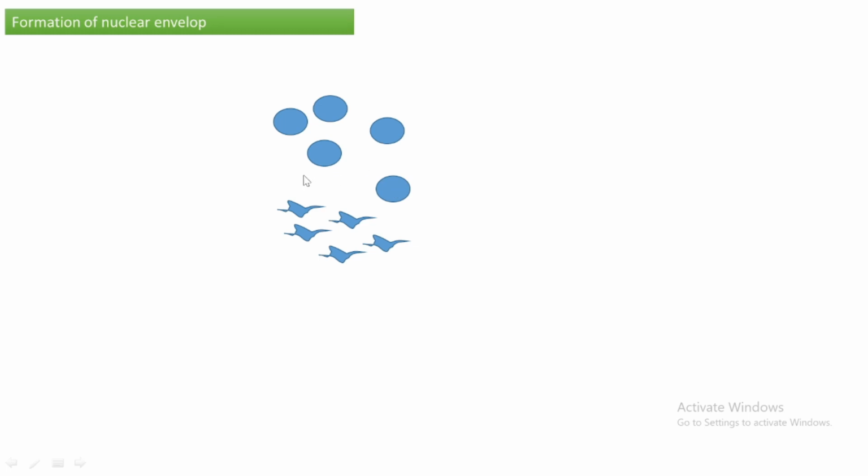Okay, and that cell goes on through various stages of cell division now, and finally it reaches the last stage, that is the telophase stage. On reaching the telophase stage, during its beginning phase, what happens?